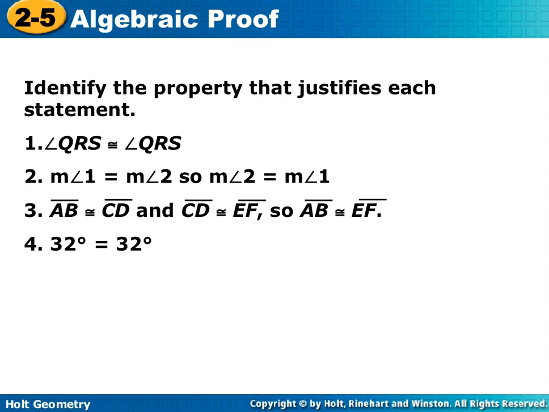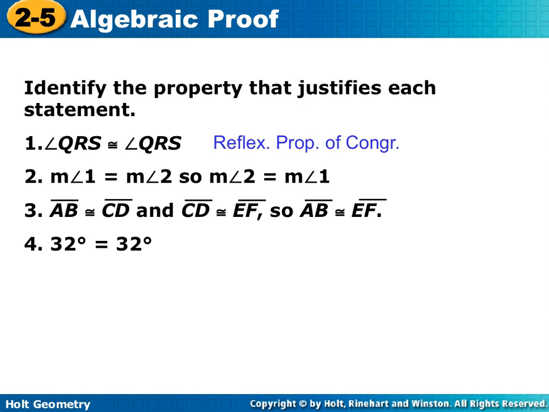So first one, with this symbol, it's going to be a property of congruence. That angle is congruent to the very same angle. Reflexive property of congruence. Next one. Now, instead of if-then, I wrote it a little different. Measure of angle 1 equals measure of angle 2, so measure of angle 2 equals measure of angle 1.